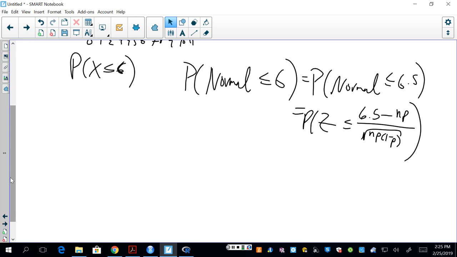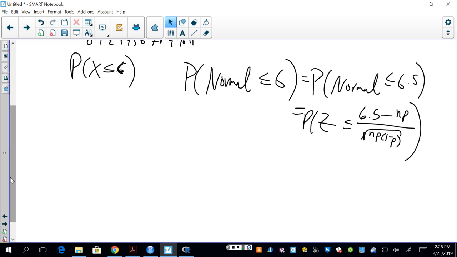So the z-score up here is at 97.5. And if you want the 5th percentile, that'll have 5% below it.